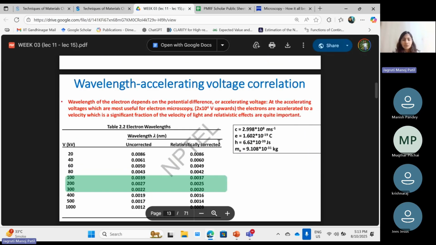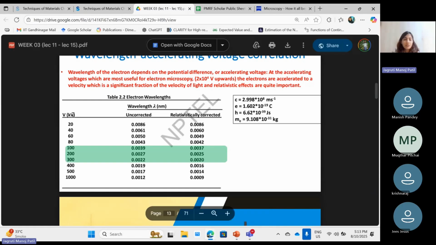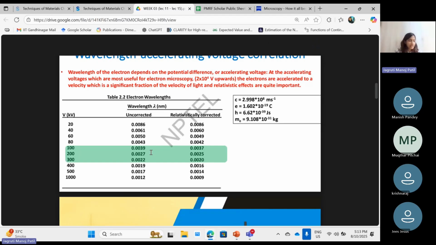If you look through it, you see a term where you relativistically correct, and as the voltage of the source increases, you see that the wavelength decreases. So the relationship is inverse.